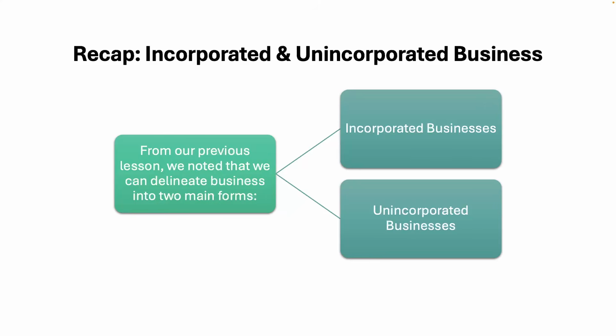Now, we note that the difference between these two different kinds of things is that one involves the process of incorporation. Take a guess which one that is. The other one involves no such process of incorporation. One is unincorporated.